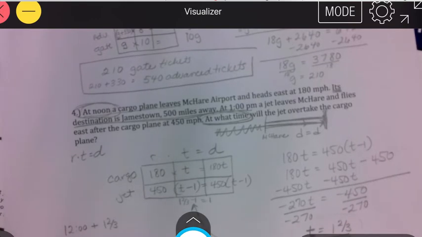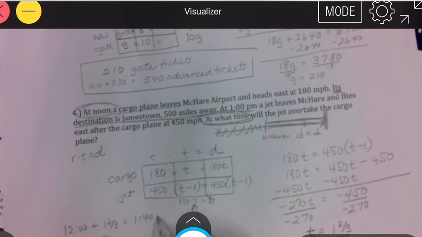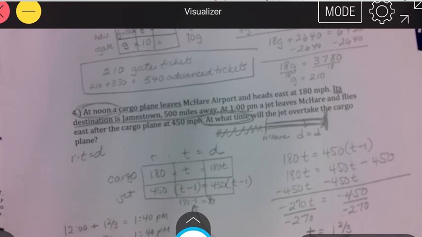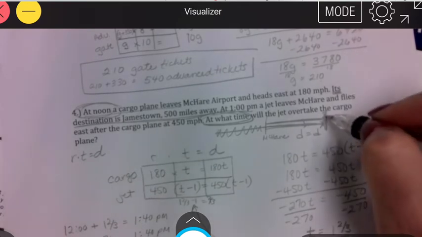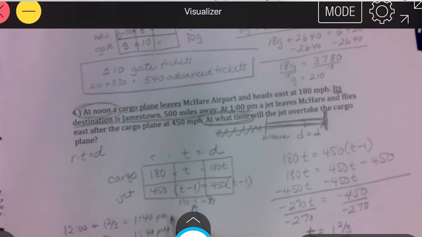And then we could take that 1 o'clock and just add 2/3 to it. We should end up at the exact same time. So this would be 1:40 p.m., 2/3 of an hour is 40 minutes, or this would also be 1:40 p.m. Okay, since they're both ending up overtaking each other at the same place at the same time, this should end up being the same, regardless of which time you're using.